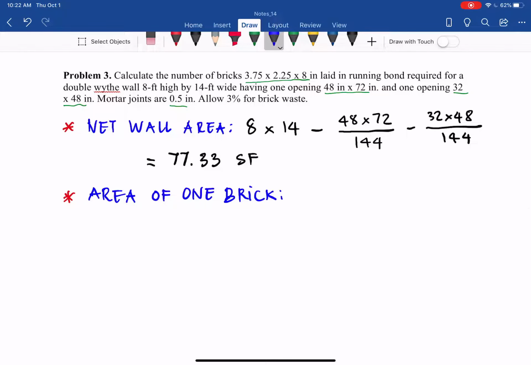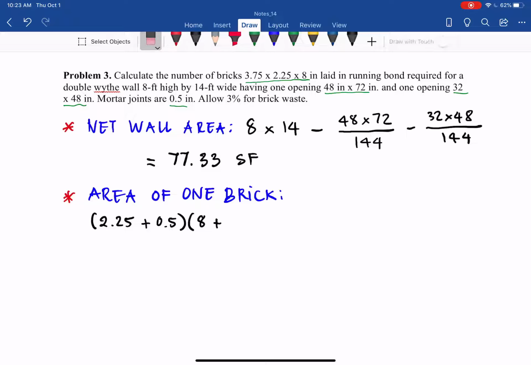So one side is the height, 2.25 that the brick gives you, plus the mortar thickness 0.5, and similarly the other side will be 8 plus 0.5.